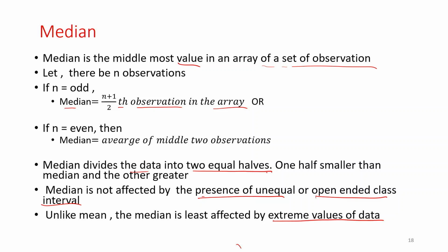So extreme values will go either at the beginning or at the end. The values at the end or the beginning are not going to affect what is there in the middle. Therefore, extreme values will not be able to affect the median value.